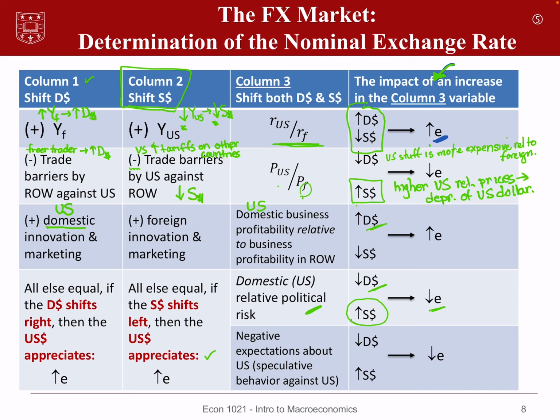And then finally, this is kind of fun because it shows a common thing that we see in economics, which is the idea of self-fulfilling expectations. Suppose that people expect that the dollar is going to depreciate, speculatively, so you have no current information, but they just think, oh man, the dollar is going to depreciate.